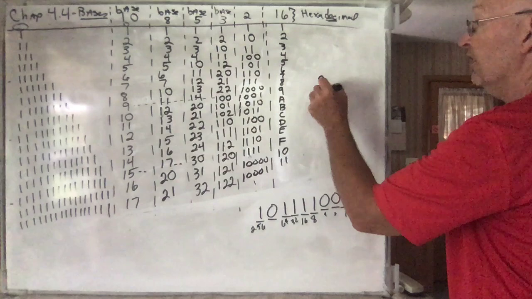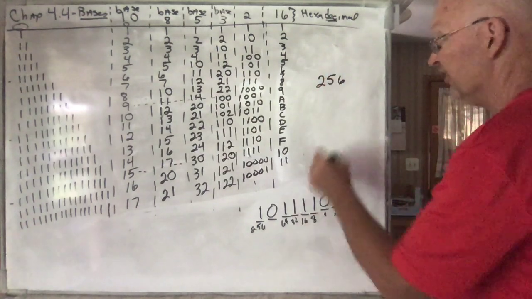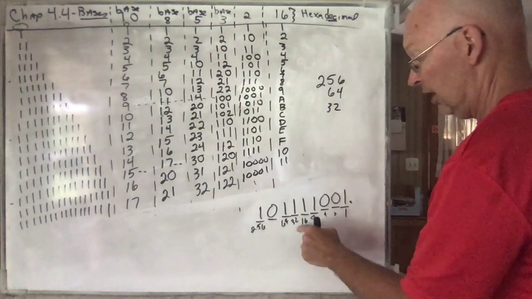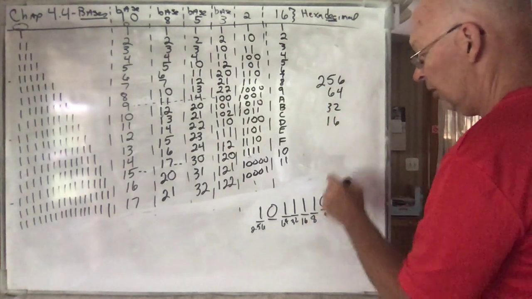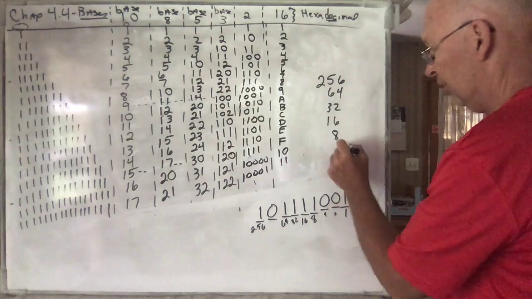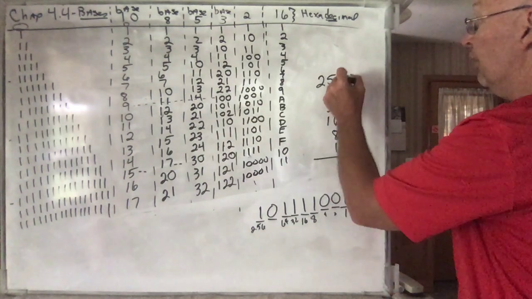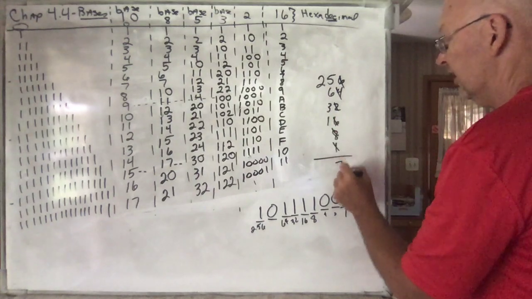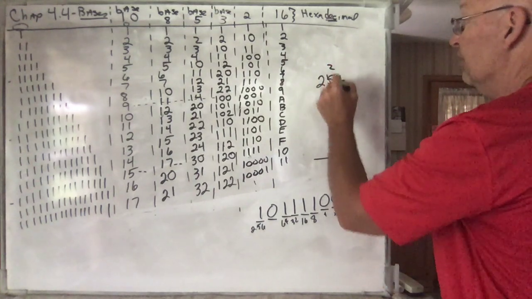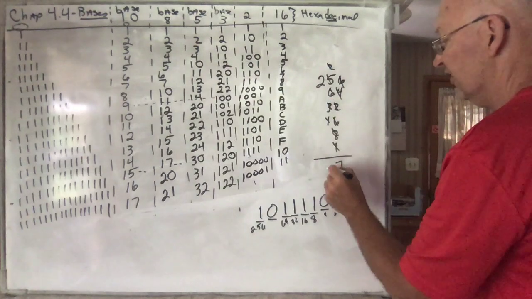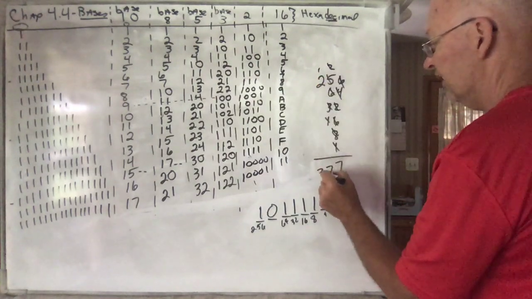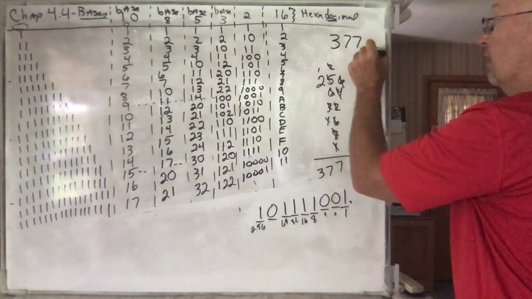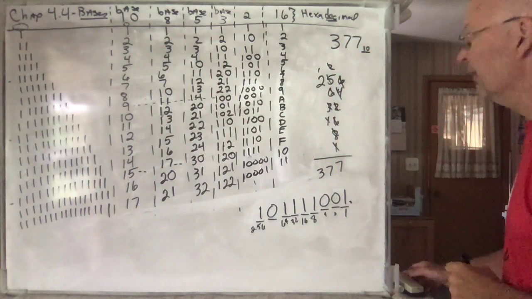It would be 256 plus 64 plus 32 plus 16 plus 8 and then plus 1. So you add all those together, you get 10, 20, 27, carry the 2, you get 11, 12, 13, 14, 15, 16, 17, carry the 1, 377. So in base 10, put a little 10 there just to indicate base 10.